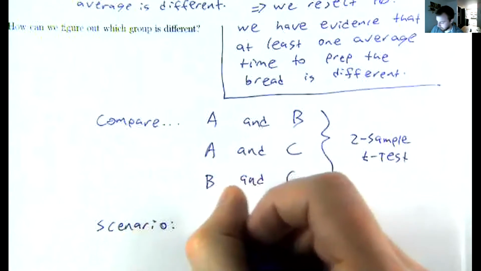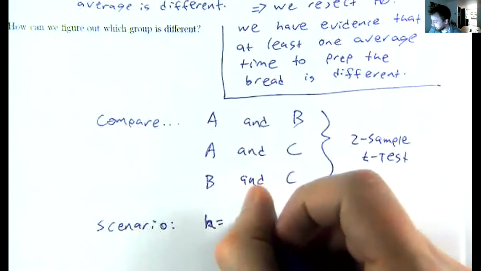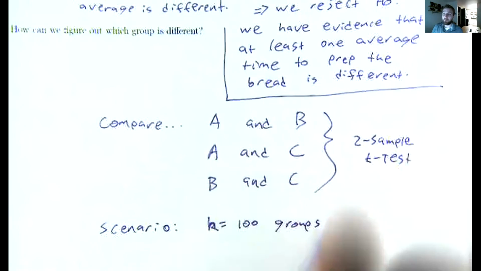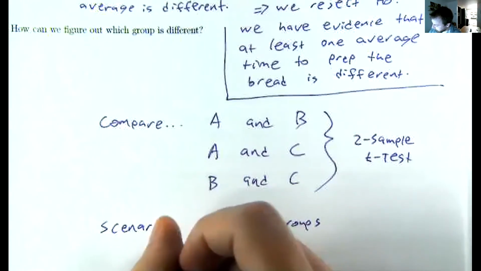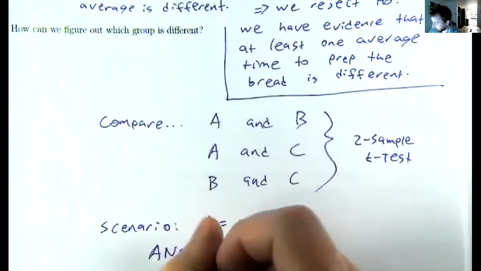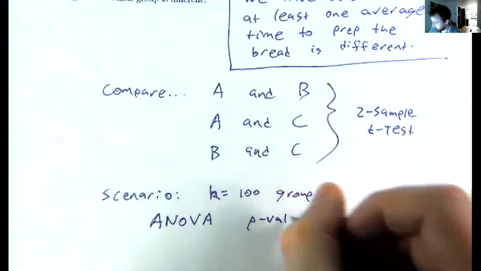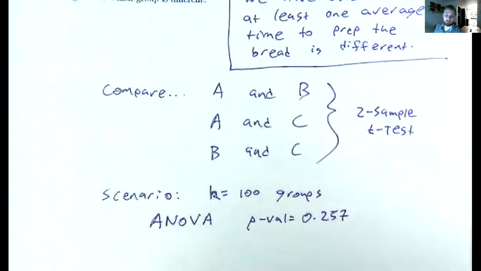where I have n, let's make it k for groups. K equals 100 groups. So I have A1, A2, all the way up to 100 different brands of flour. And let's suppose that I did this analysis of variation and I got a p-value of 0.257. I'm just making this up.